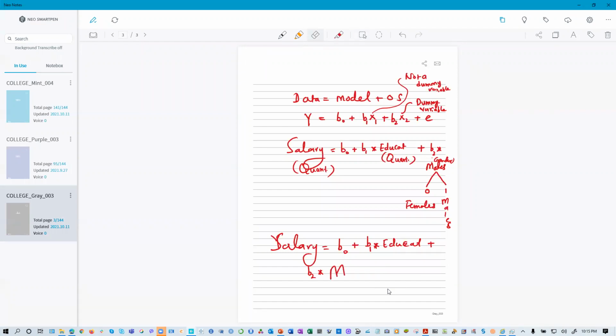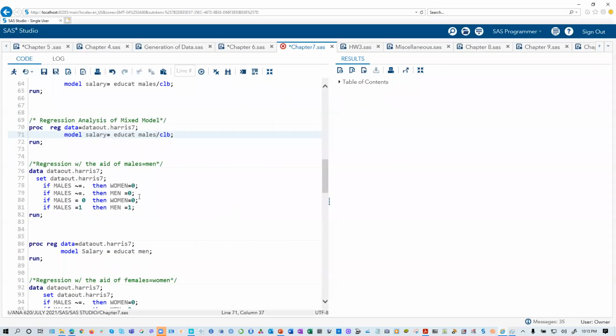Since I can write with the males, I'm going to say men. With the aid of men, I can write that equation as well. Plus C, if you want to add that more specific item. So how do you do that? Look at what we do. We're going to set it up.